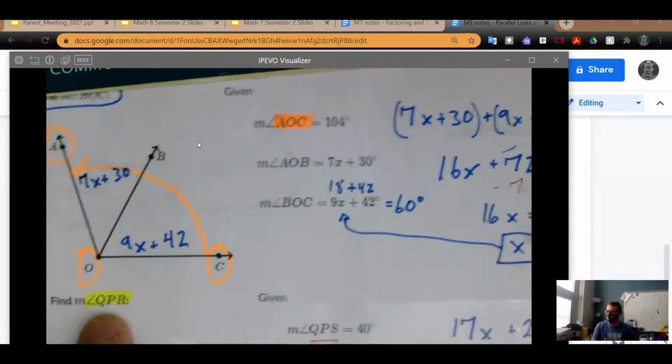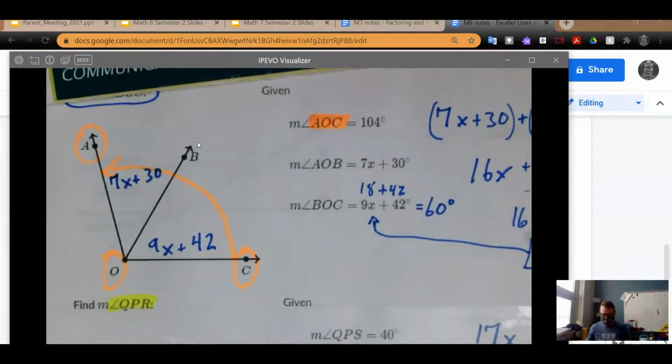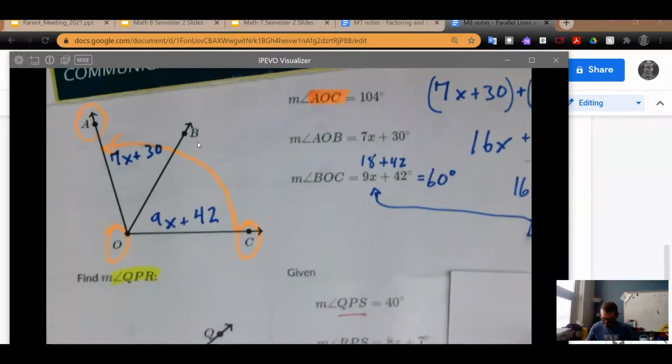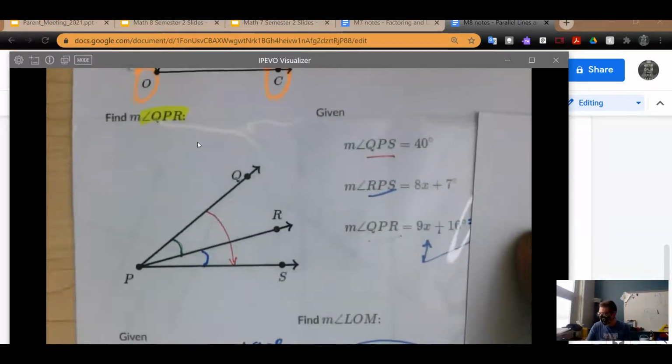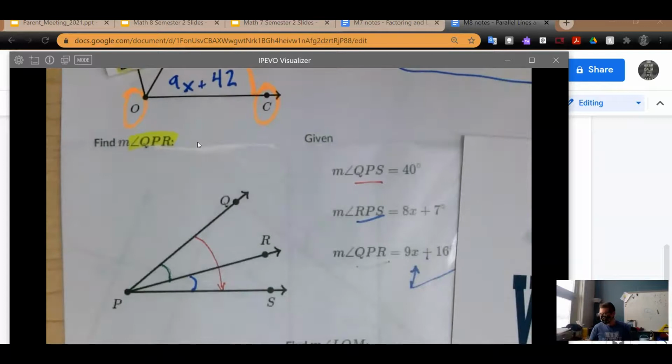Find QPR on your own. A little color coding up here for you. Except I don't know if you can really see the difference between blue and green.